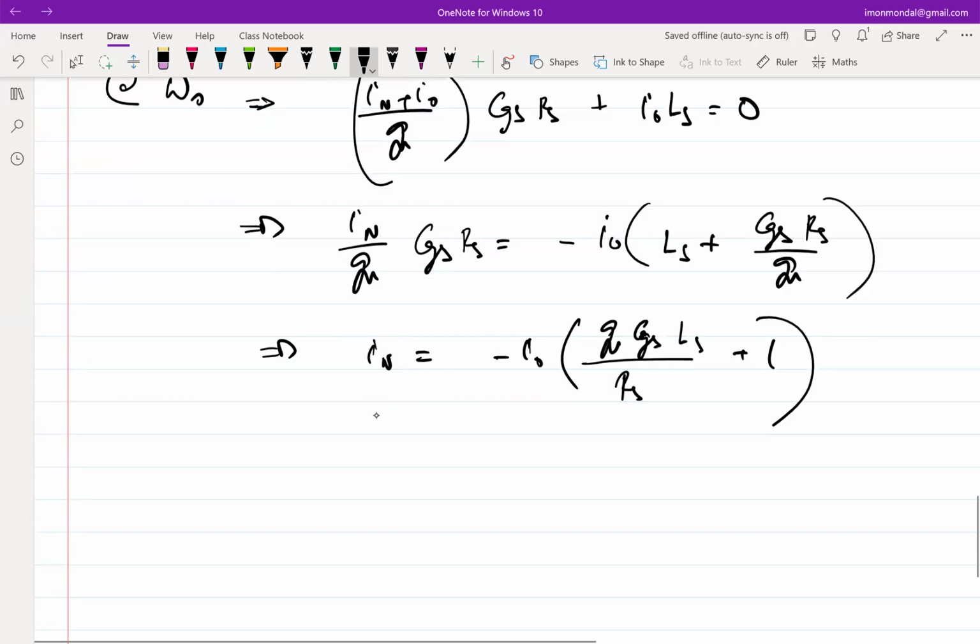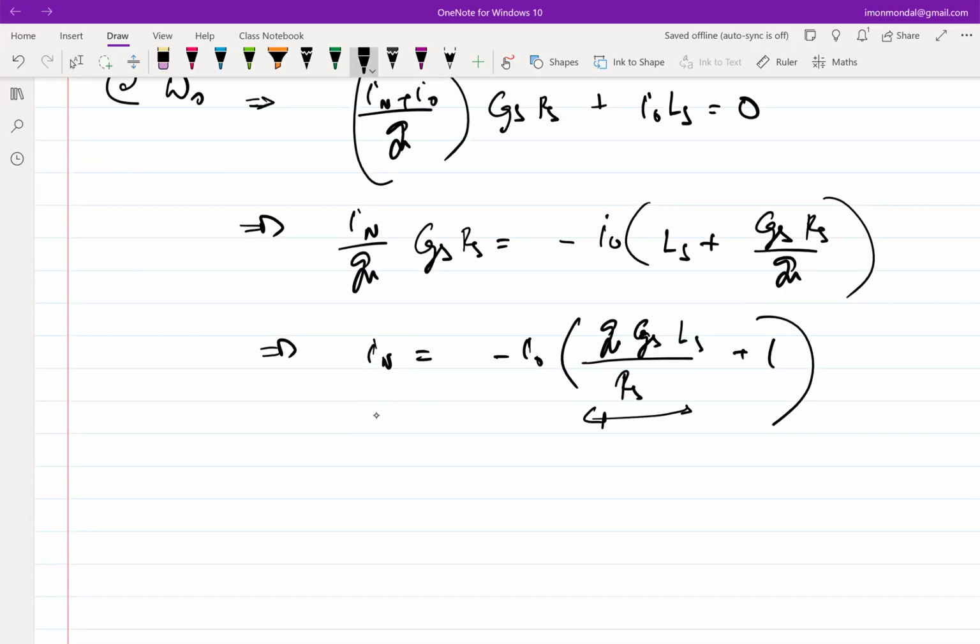Correct? Fine. So now note that this term is something special because this is omega by CGS, right? So GM over CGS is omega T. Omega T times LS is RS because of matching condition.